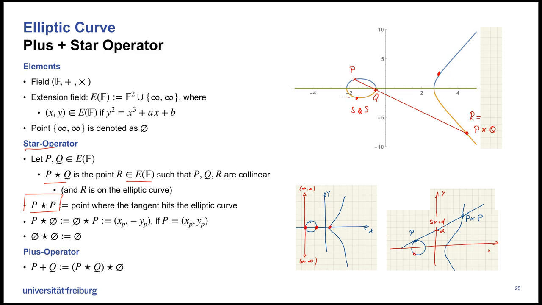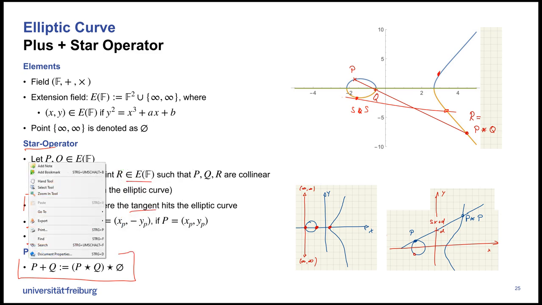Now you would assume that this is the tangent and you get this point here. So that's the idea of S star S. We have a tangent at this point, and this will hit the elliptic curve at some other point. We need special rules like for infinity, where we just define that this is the opposite point, and we need rules like that, but we get into this later on. And using that, we will define the plus operator, which we'll also look at later.